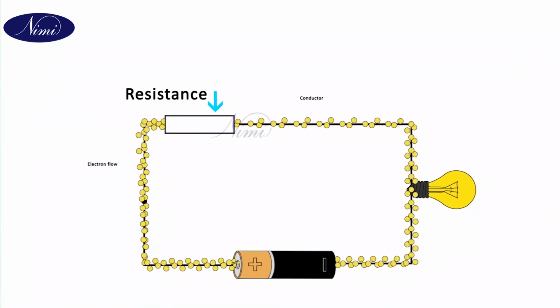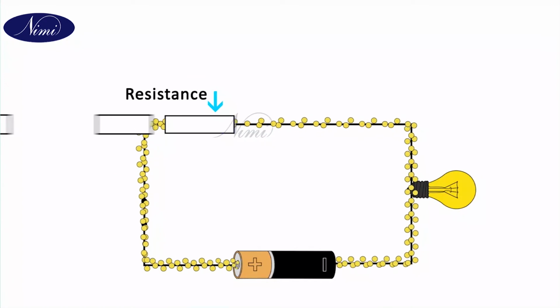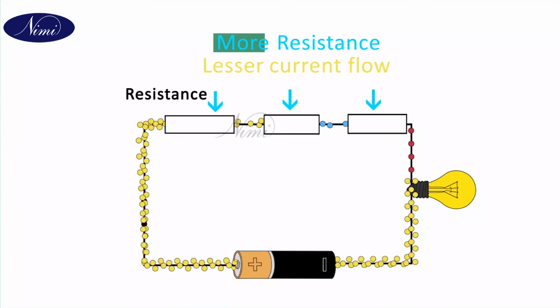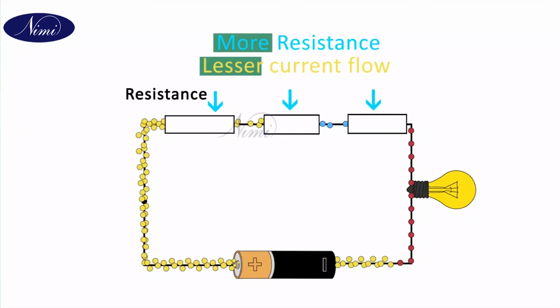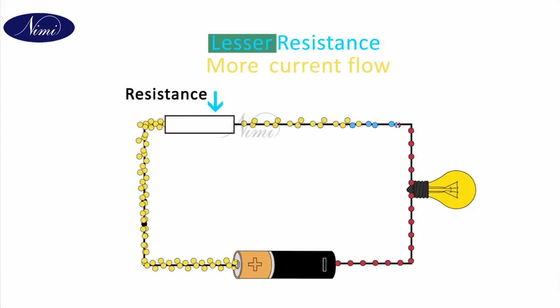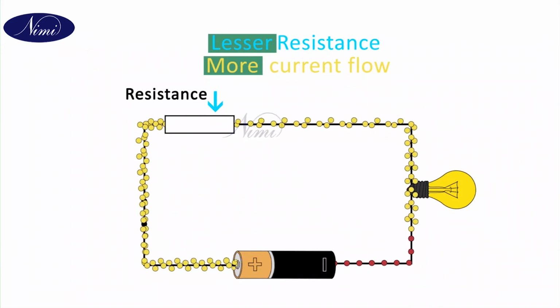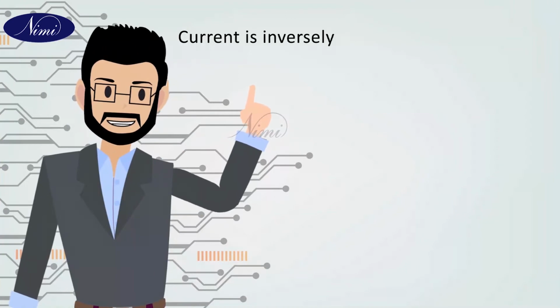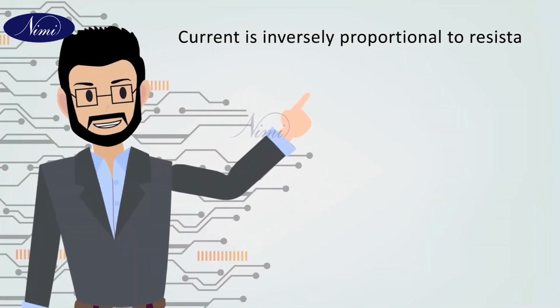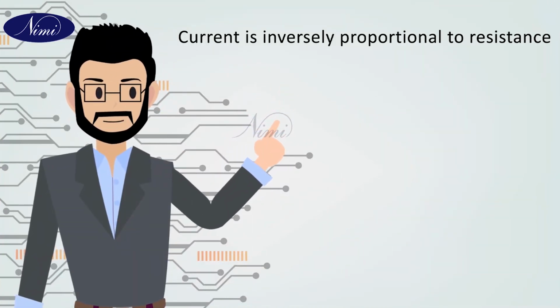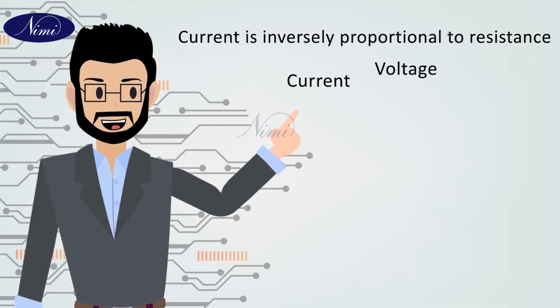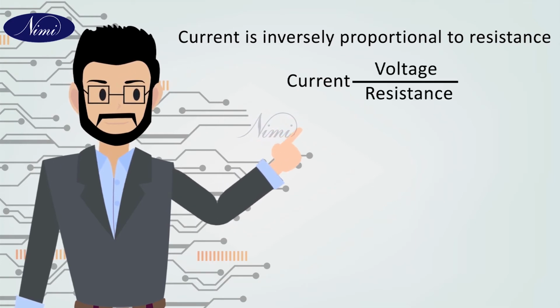In some materials, the resistance will be high, so the current will be low. More resistance will cause lesser current flow, and lesser resistance will cause more current flow. Therefore, current is inversely proportional to resistance. Altogether, current is voltage by resistance.